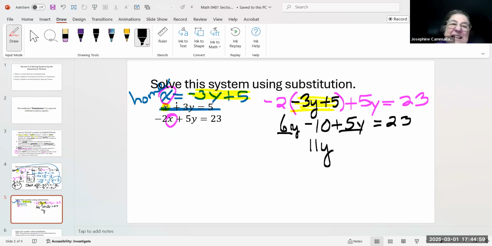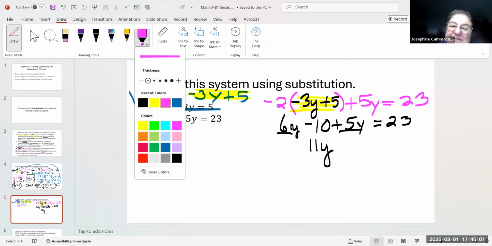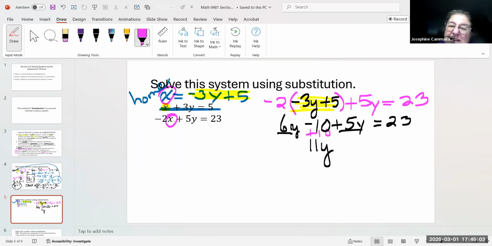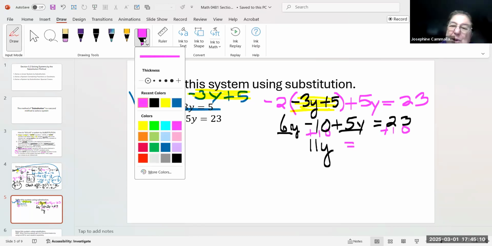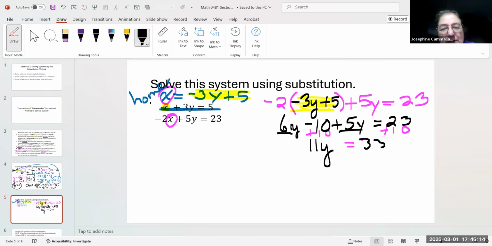But if I add 10 to both sides, notice I add 10 here, and I add 10 here, I'm going to get 33. A lot better than the first problem. And I'm going to divide by 11. I have a y value of 3.